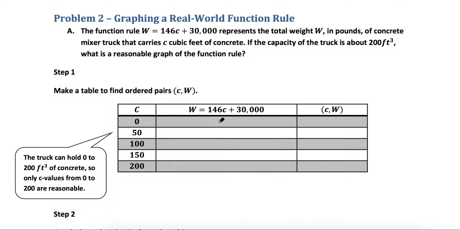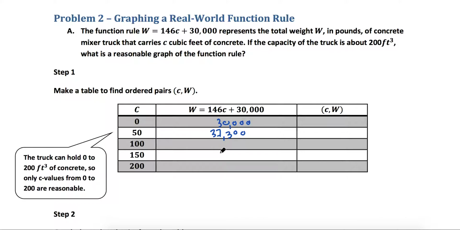And we're going to go ahead and plug in these different values. So we plug in 0, we're just going to get our 30 grand. We consider that maybe the weight of the truck. If we put in 50 for C, we're going to get a value of 37,300.